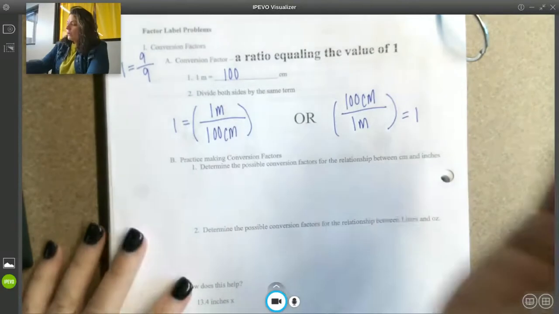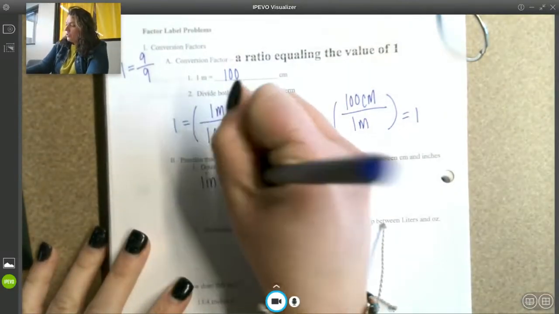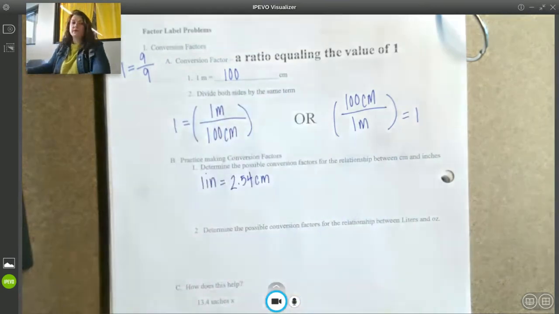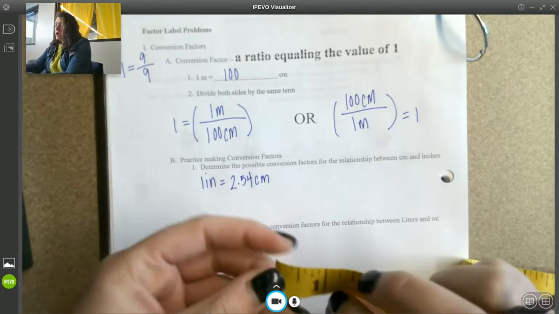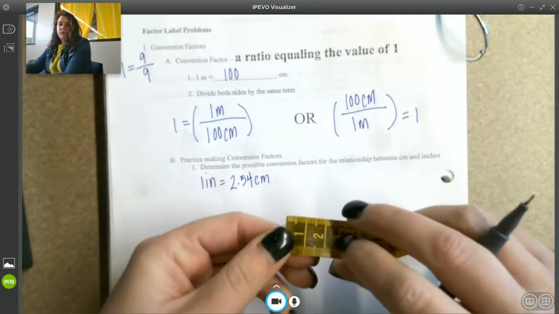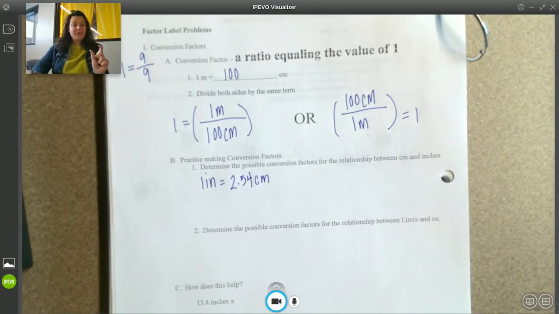So for every 1 inch, that is equal to, and we're going to be specific here, 2.54 centimeters, right? We just saw that relationship. It's the same quantity, the same amount of stuff, just a different unit.